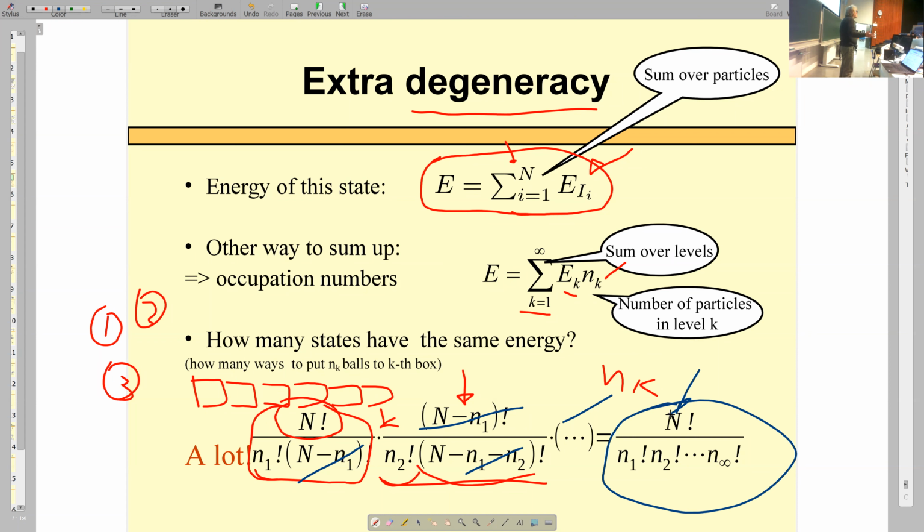And it's awfully plenty, even for moderately small N. So what does it mean? If we seriously look at all solutions of the Schrödinger equation, we have a gigantic degeneracy of energy levels in this equation.